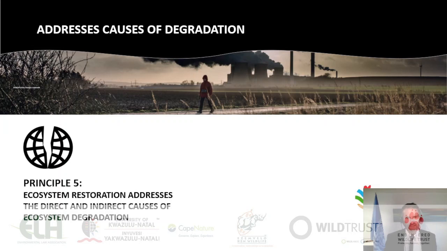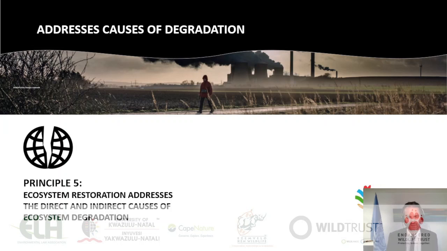Principle number 5 says we need to address the causes of degradation. It's not enough to cure the symptoms. That can be a very short-lived and over time also expensive endeavor. And we again see this a lot with the current tree planting hype, that often there's a pressure on the price per tree, and that means people take shortcuts.